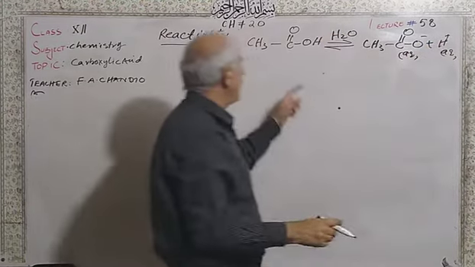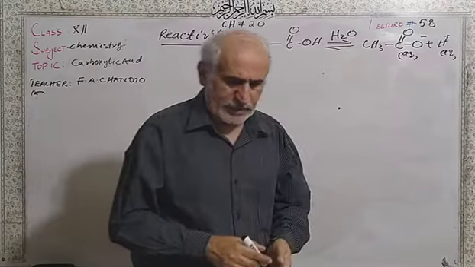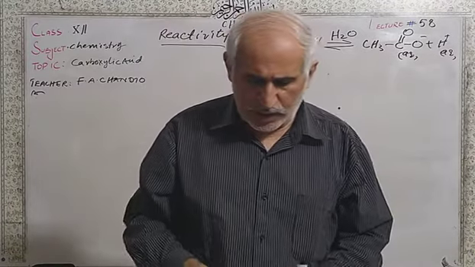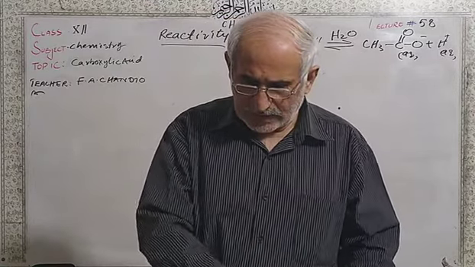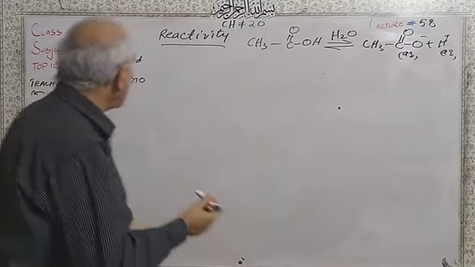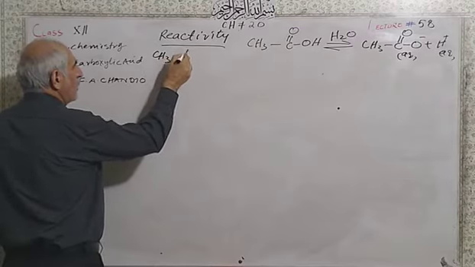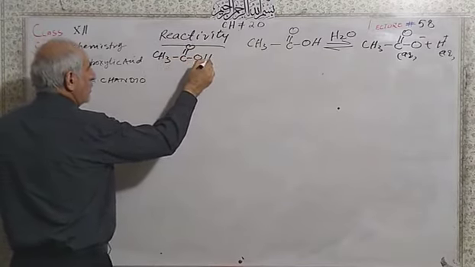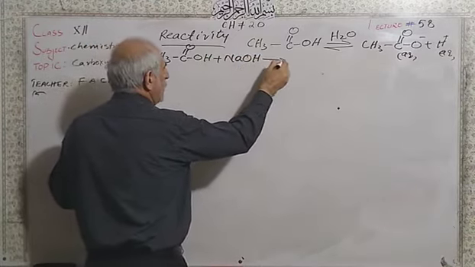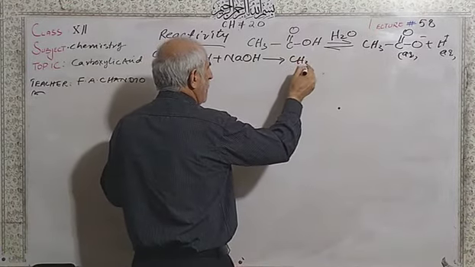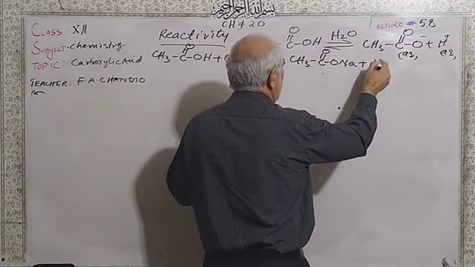There is a breaking of the oxygen-hydrogen bond, and you will get the carboxylate ion, the ethanoate ion, with a proton. In this case you will get acid-base reactions, neutralization reactions, forming sodium acetate, or sodium ethanoate, and water.